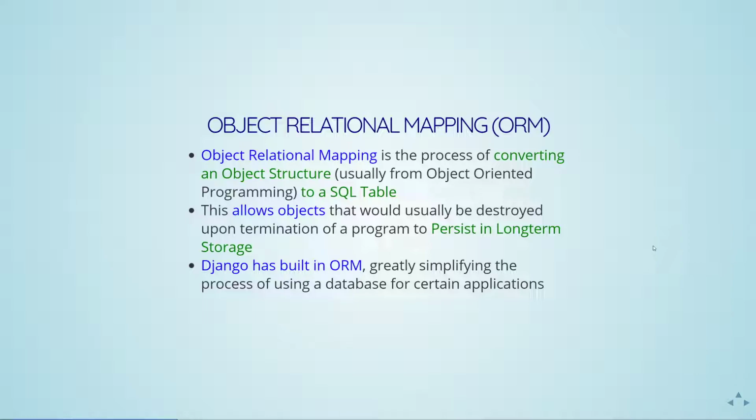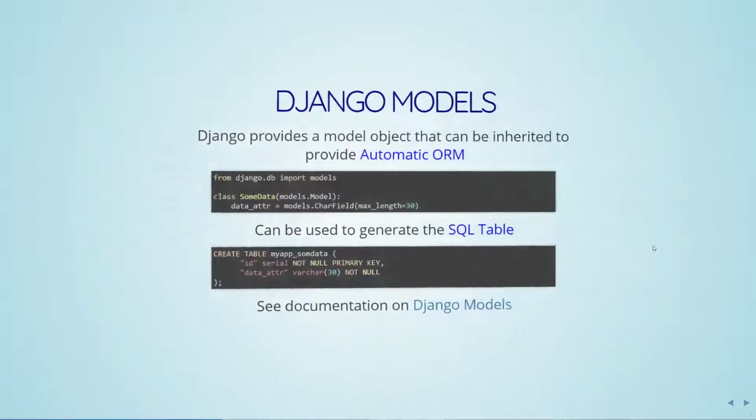One of the reasons I chose Django for this course is it has built-in automatic ORM, so it'll actually do this for you. It'll automatically take objects that you've defined in Django in a certain way, and it'll generate the SQL table for you. So we're not actually going to have to use SQL directly inside this course, which is a good thing because I could easily teach a whole course on SQL on its own.